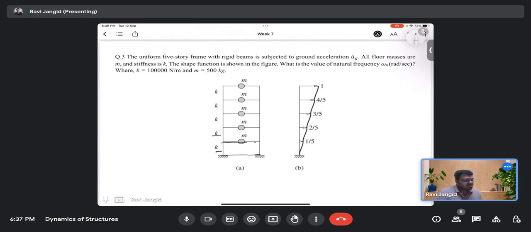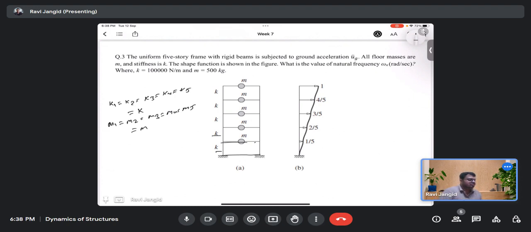So the story stiffnesses k1, k2, k3, k4, k5 are all equal to k, and the lumped masses m1, m2, m3, m4, m5 are all equal to m.